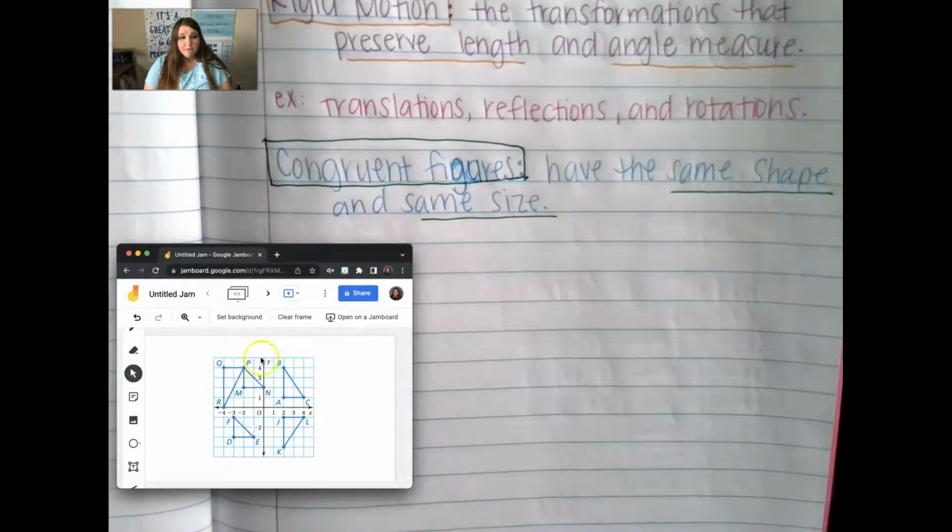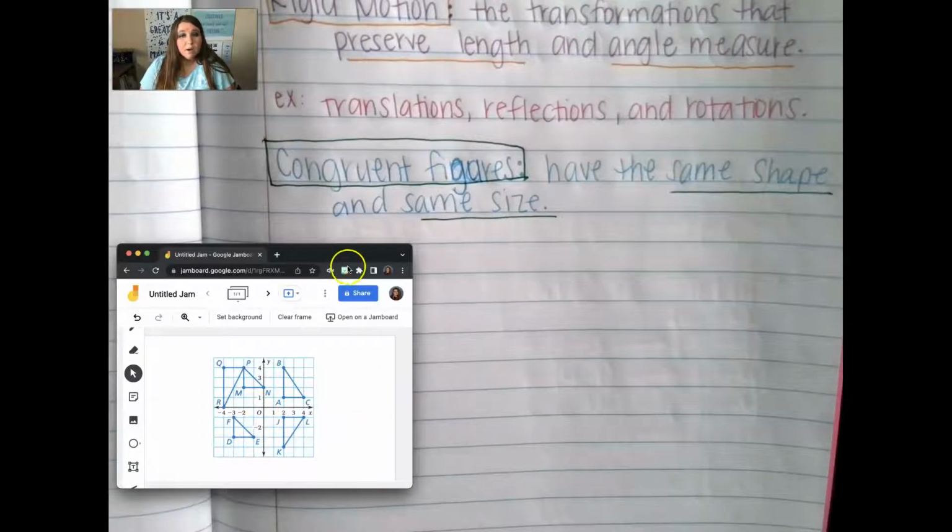So we have this shape right here. You can see in the graph you have 5 different triangles, and our job is going to be to identify triangles that are the same within this coordinate grid.